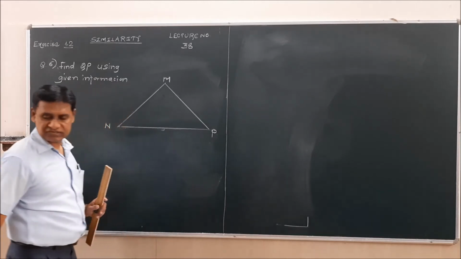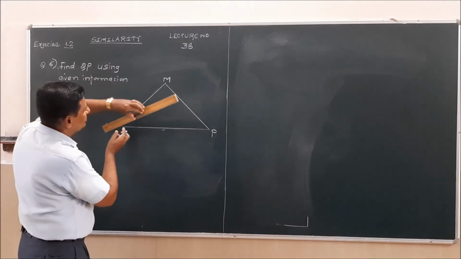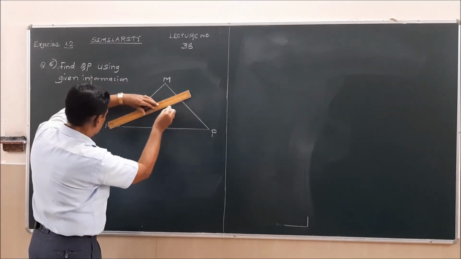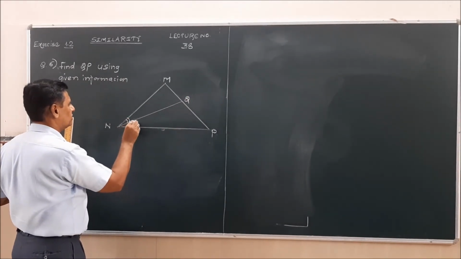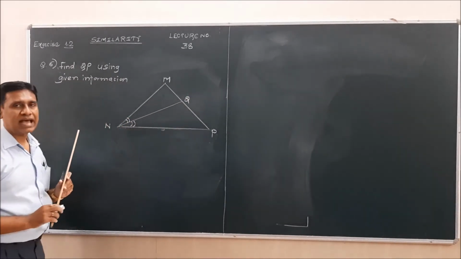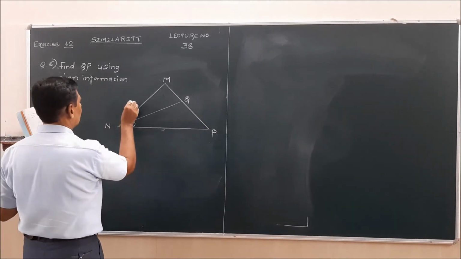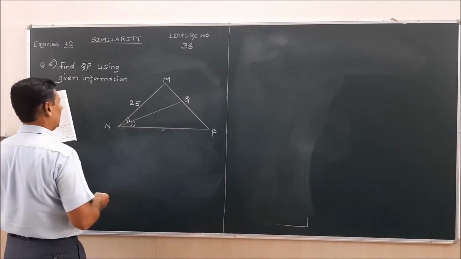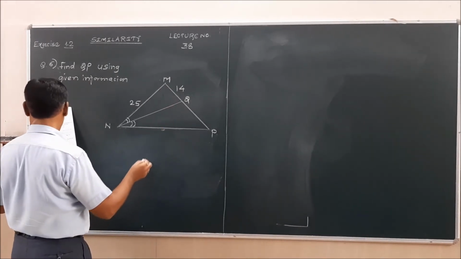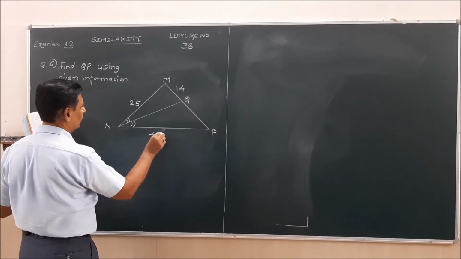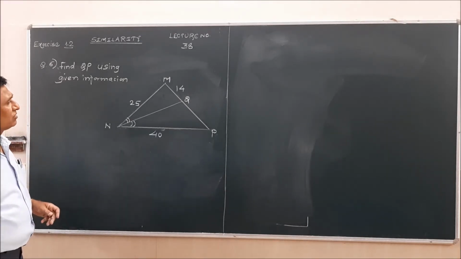In addition to this, NQ is also given, and it is very important that NQ is given as an angle bisector. Dimensions are given. MN is 25, MQ is 14, and NP is 40. Fine. And we have to find out QP.